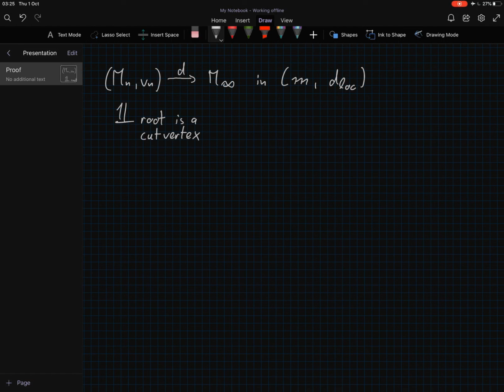This indicator variable is not continuous on the entire space.